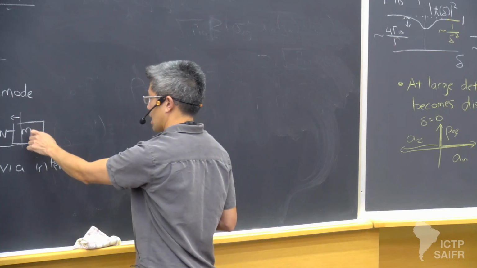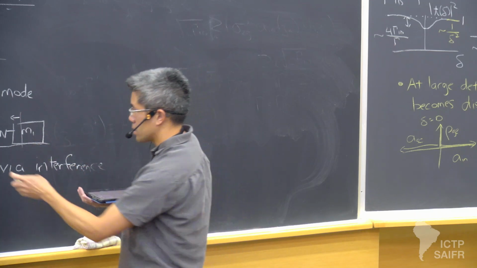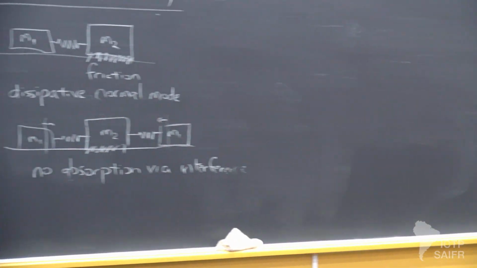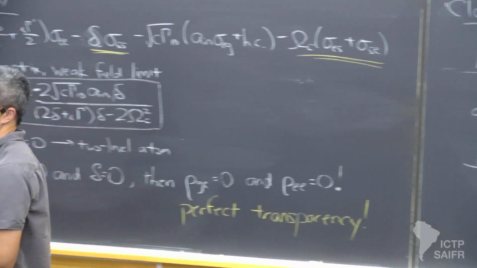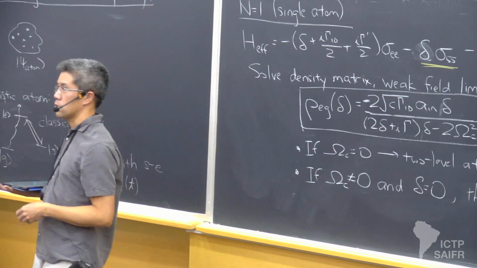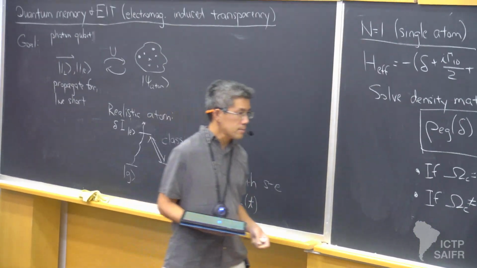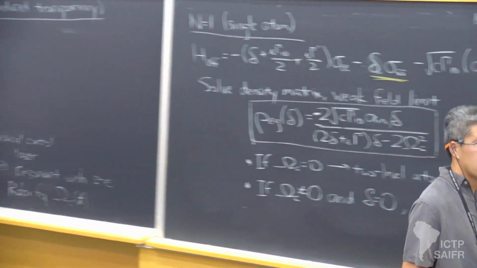If I change this to M3, then you can imagine that there is some new asymmetric normal mode. So it's the same story here, that there is always a normal mode to create transparency.